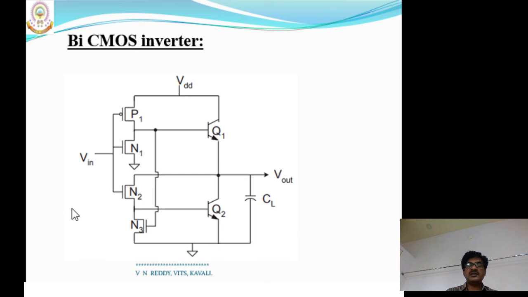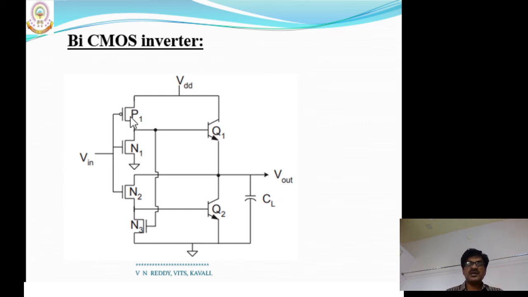First of all, to check that, I am applying a logic one at the input. Logic one means I am applying VDD voltage. When the input is VDD, the transistors N1 and N2 are in on state, whereas P1 goes to off state.